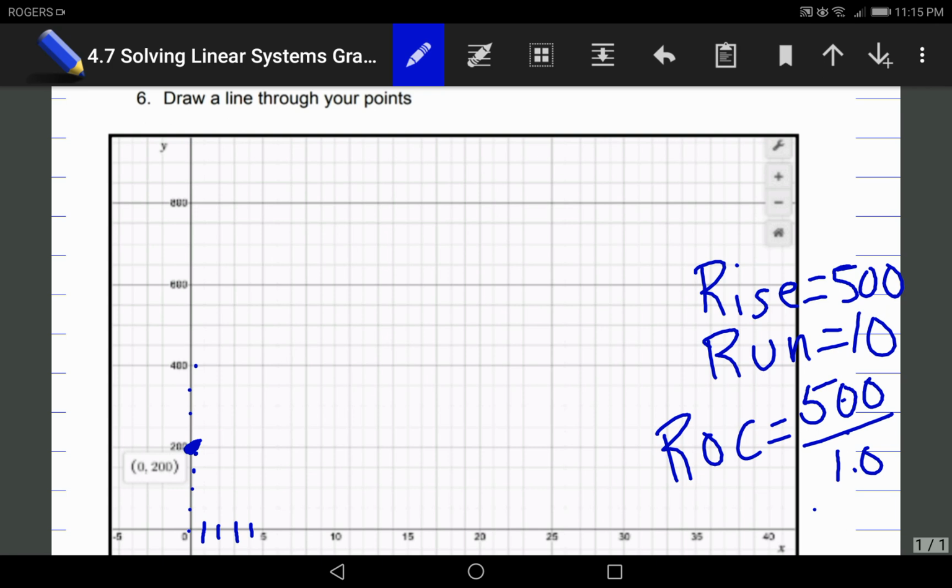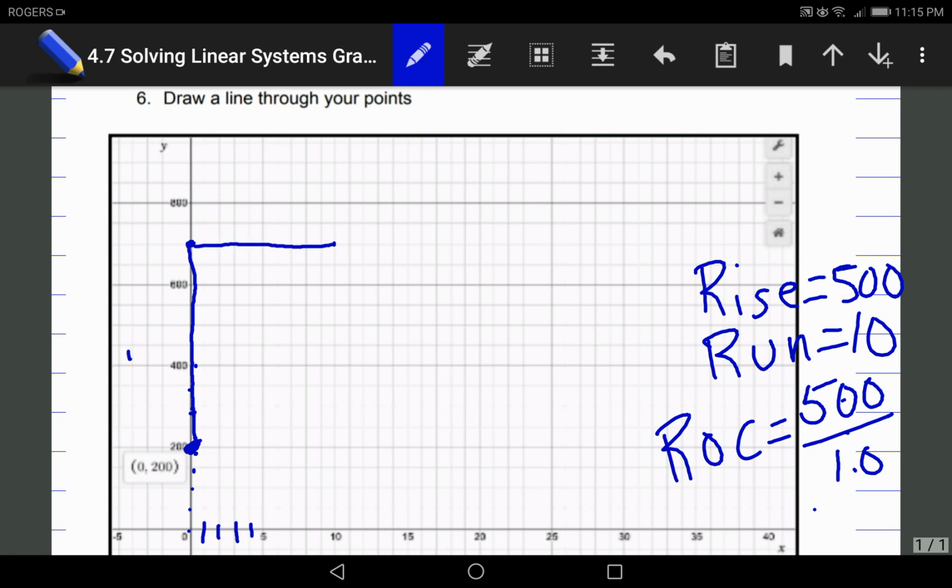So I'm going to go up now 500 from 200. So let's try this. Here's 300. So I'm going to go up 500. So from 200, I'm going to go all the way up to 700. I'm doing a rise of 500 units. And then I'm cutting across 10. So right up here, just going to make a mark here.